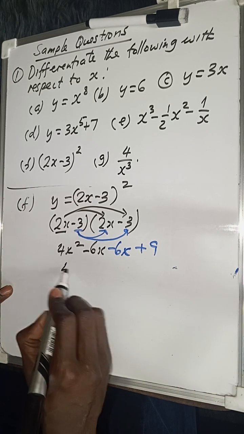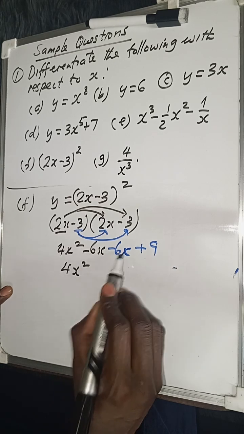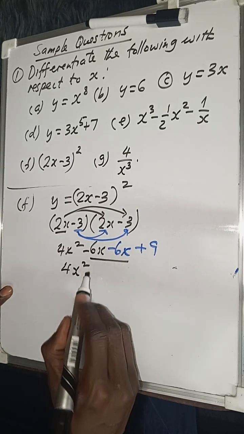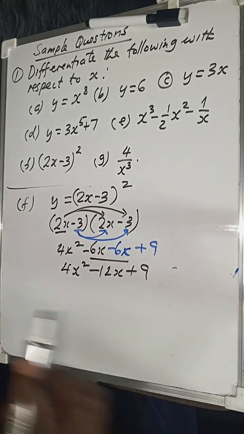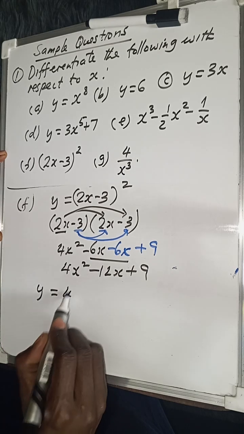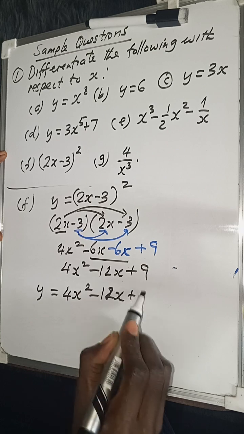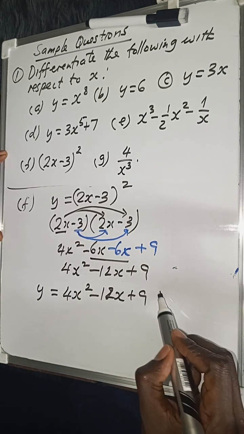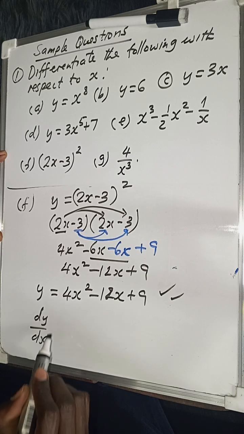So we are going to have 4x squared, negative 6x minus 6x, same signs you add, so that would be minus 12x, plus 9. All right, that's what we mean. So when you expand that, it's the same as y is equal to 4x squared minus 12x plus 9. Once you expand, you can now find the derivative dy over dx.